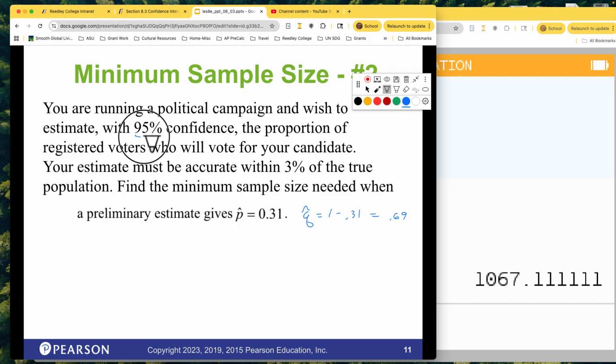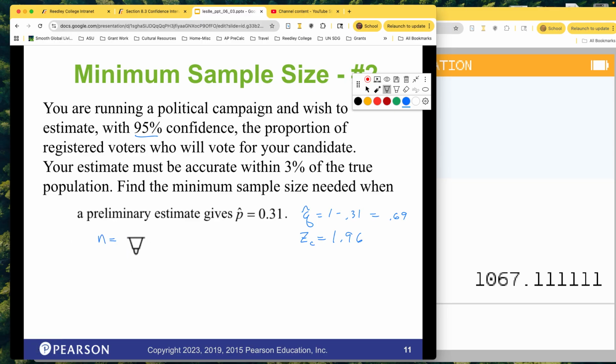And since they want a 95% confidence interval, again, we could go back to the normal distribution, or just remember that the z critical for 95% is always 1.96. And again, when you're doing statistics, usually they'll stick with the same amount, so you don't have to keep looking those up.